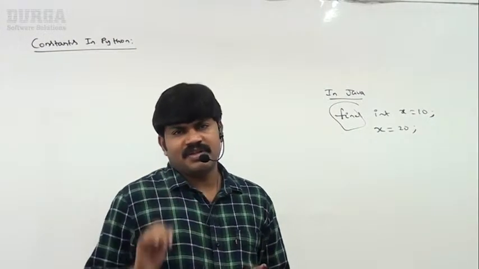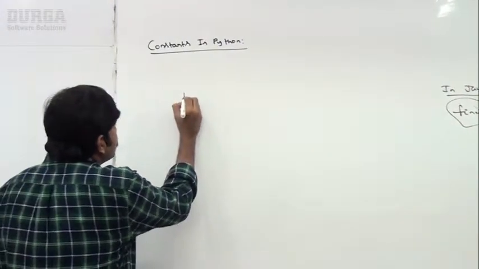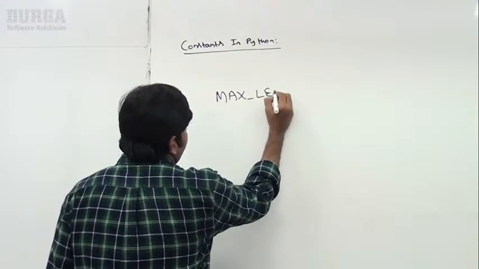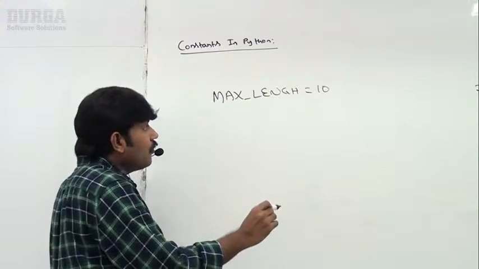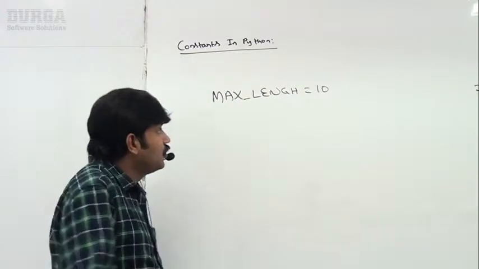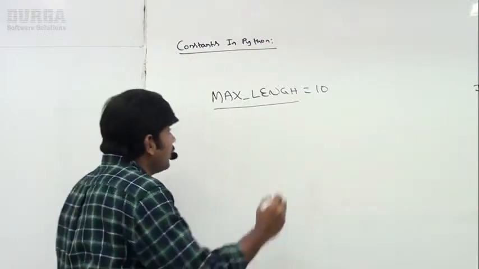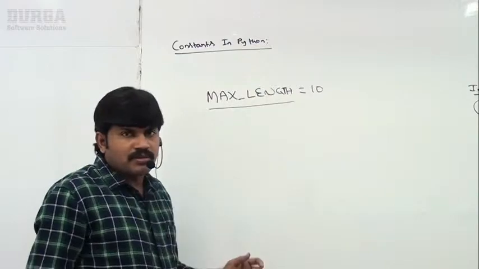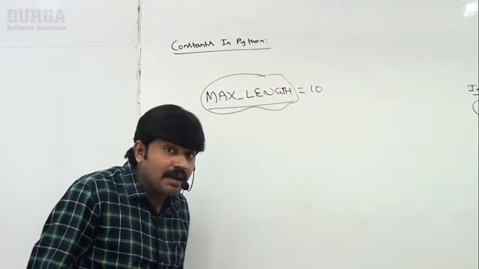But there is a convention. If you don't want to change the value, it is better to use uppercase characters. MAX_LENGTH is equal to 10, something like that. If you don't want to change the value, you can take the variable name in uppercase.